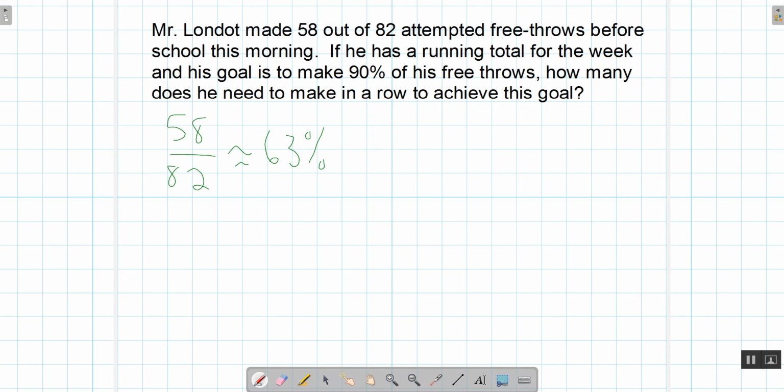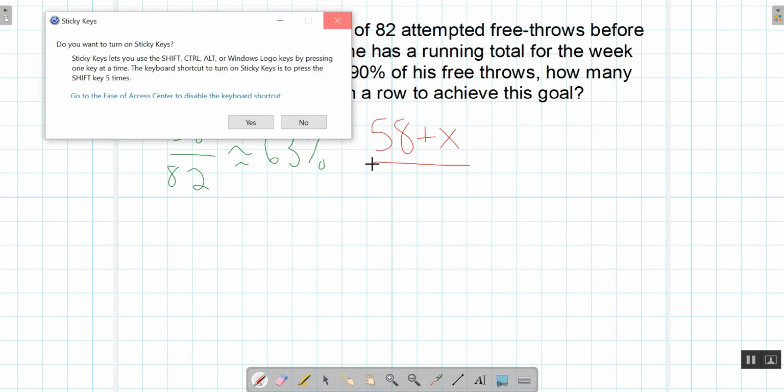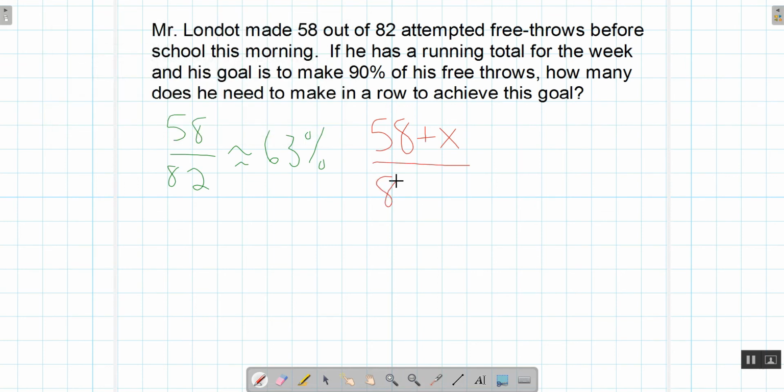Because I need to make the same amount, I have to take the same shots and make them consecutively. That means I have to make X in a row to increase that to a percentage of 90 over 100.